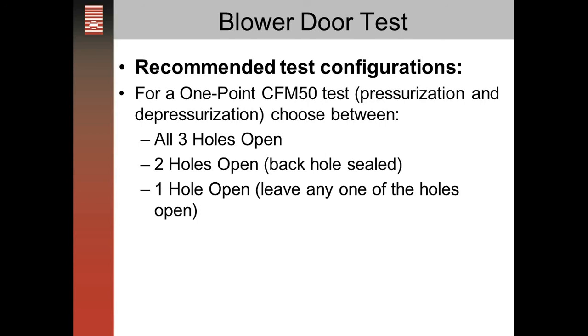We found that's the best for a repeatable test. It's not that this is the only way you can test it, but we found it limits the turbulence throughout the system and turbulence in the area where you're taking the measurements if you use one of these configurations.